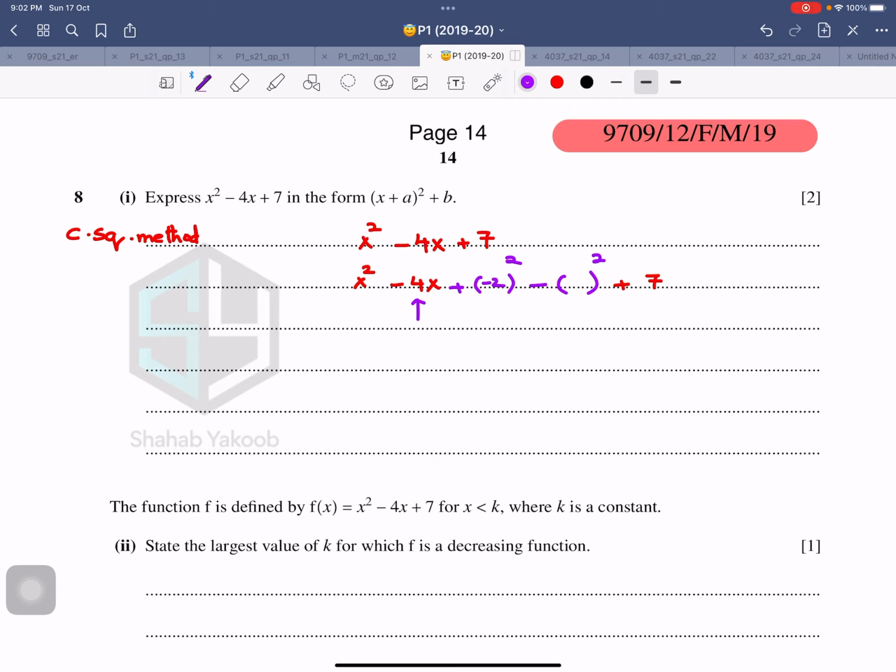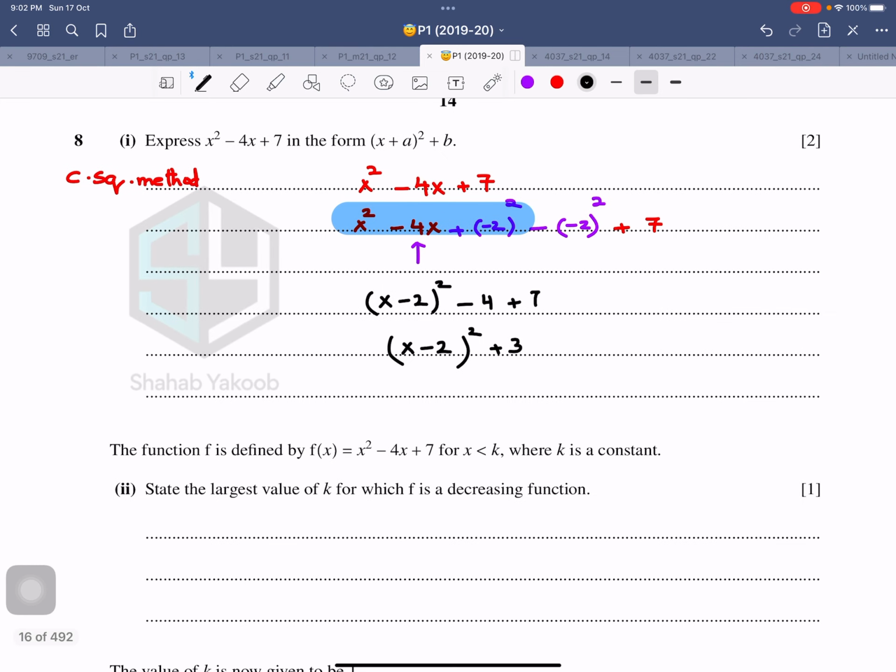So you would add and subtract -2 squared. Rewrite the first three terms as a perfect square. So now these three terms are (x - 2) whole squared, -4 plus 7. This comes out to be (x - 2) squared plus 3. This is in the completed square form.